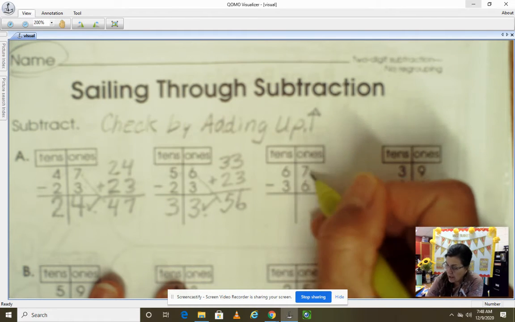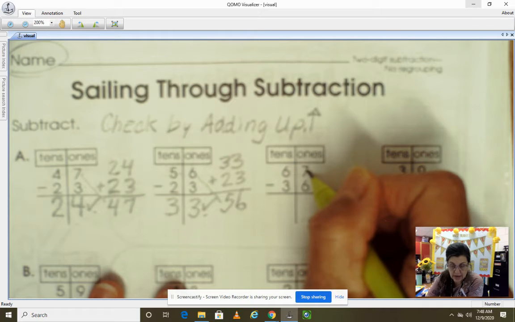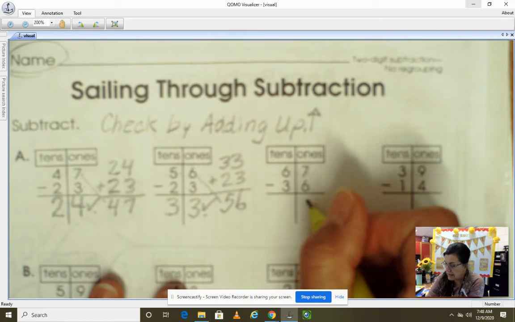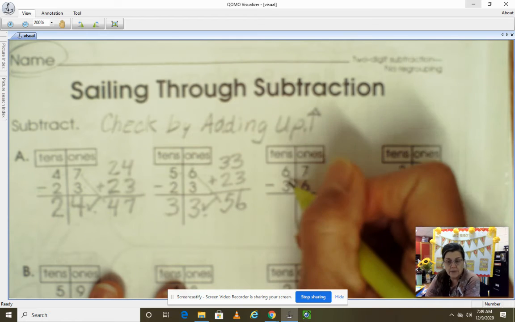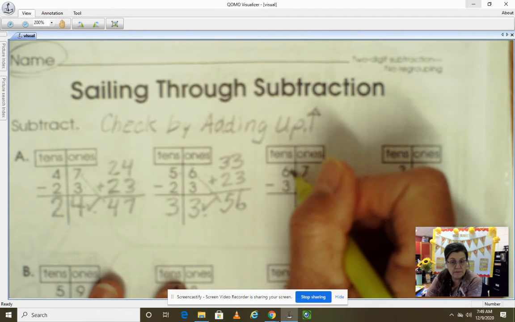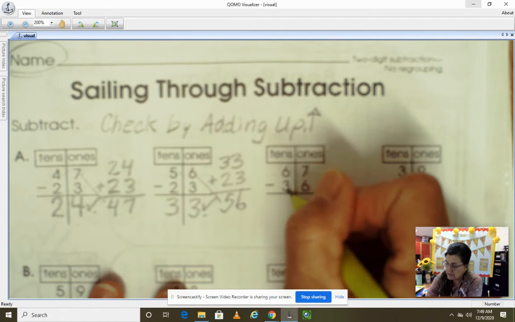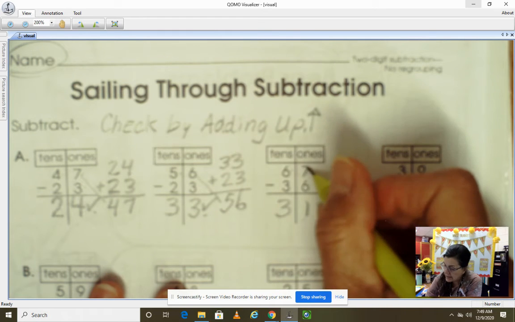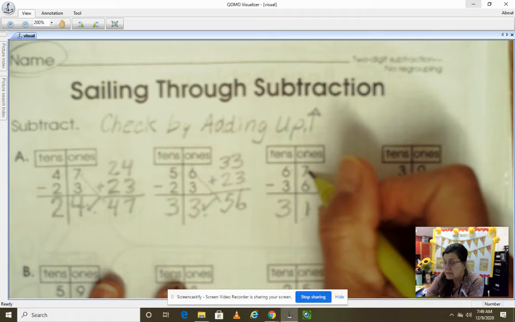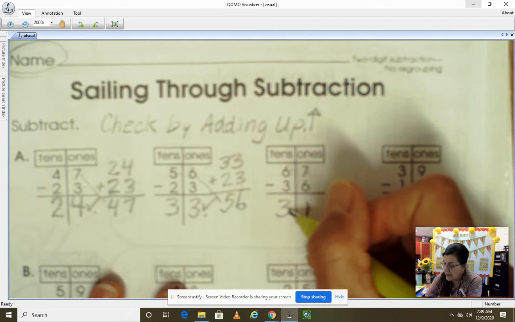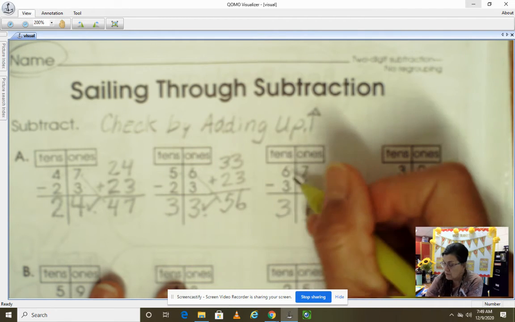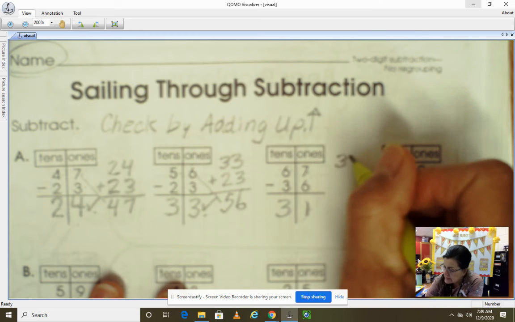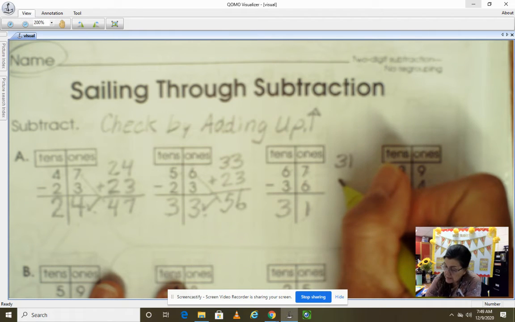I take 6 away from 7, because subtraction is take away, I would be left with 1, right? And then if I subtract 3 from 6, I would be left with 3. Now I can check that by adding up. 1 plus 6 equals 7. That's correct, right? 3 plus 3 equals 6. That's correct.